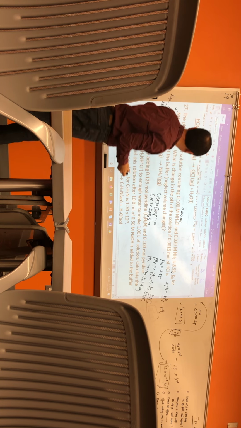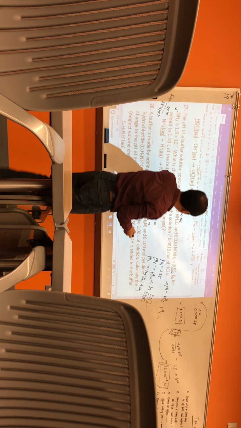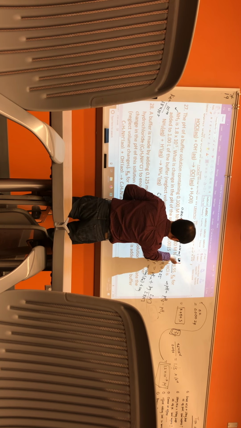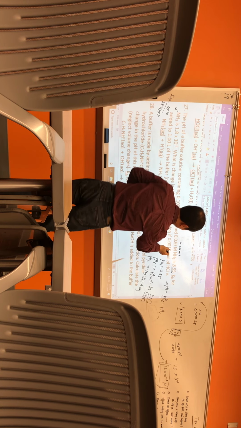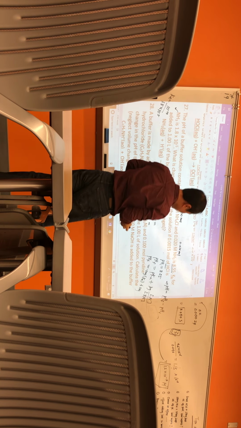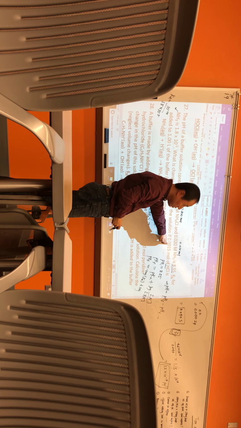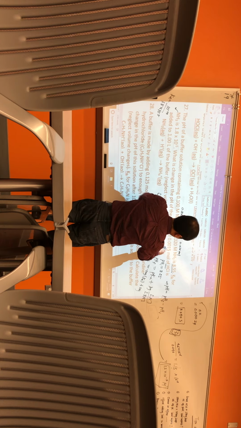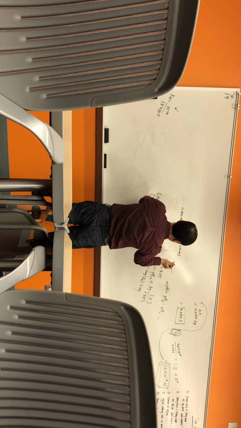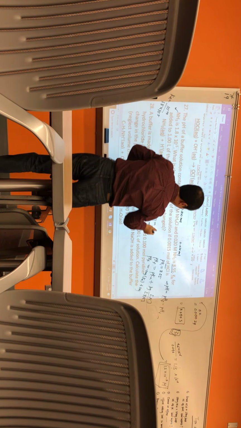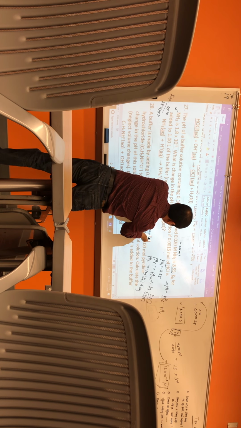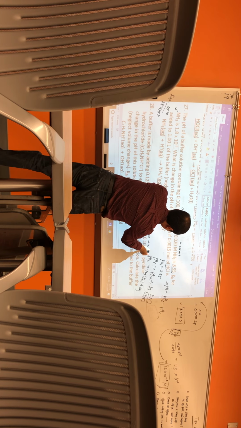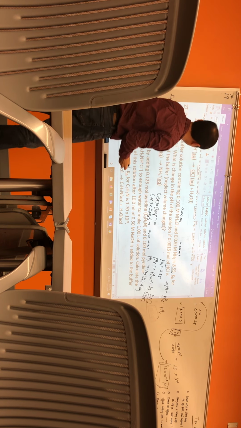But if I add this many moles of strong acid, it neutralizes the base. So I have the base originally, but I'm going to lose this many moles, and everything happened in the 1 liter solution.